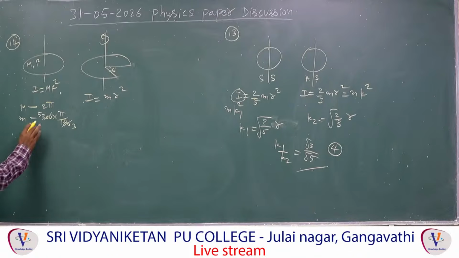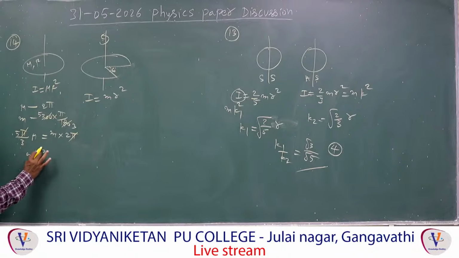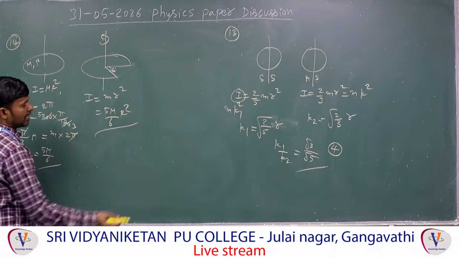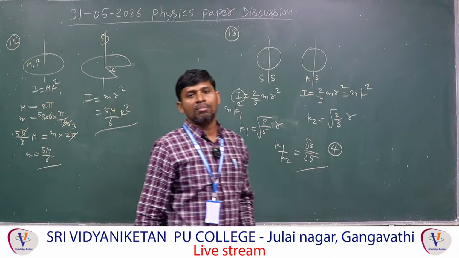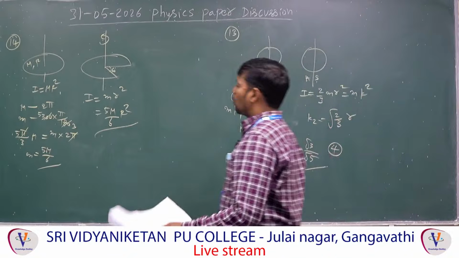Cross multiplying, 5 pi by 3 into capital M is equal to small m into 2 pi. Pi value cancels. Therefore, small m is 5M by 6. This part's mass is 5M by 6. Substituting here into r square, the moment of inertia is nothing but 5M by 6 r square. That is the fourth option.